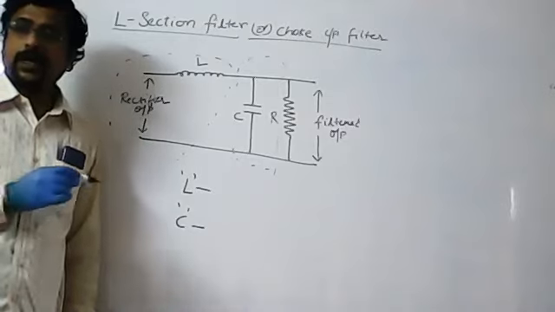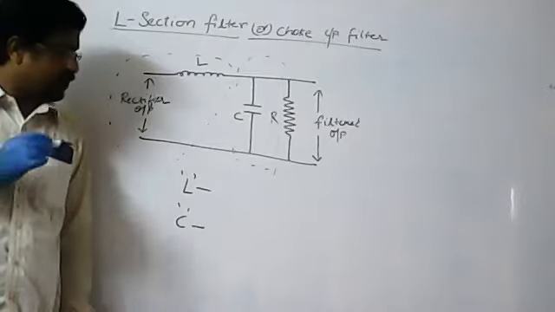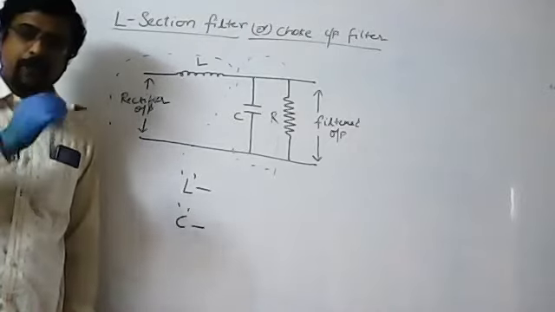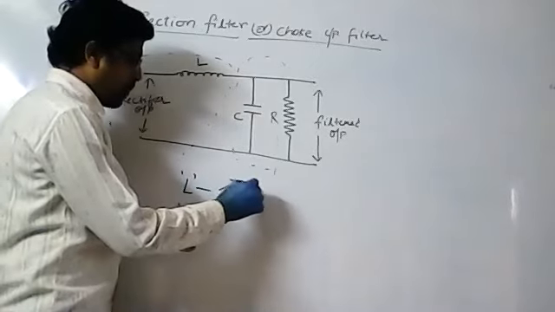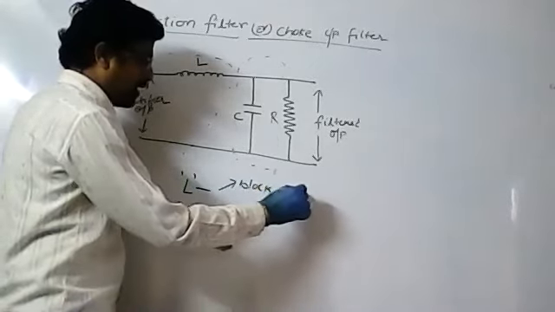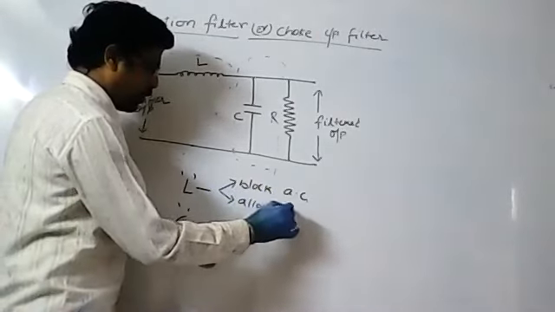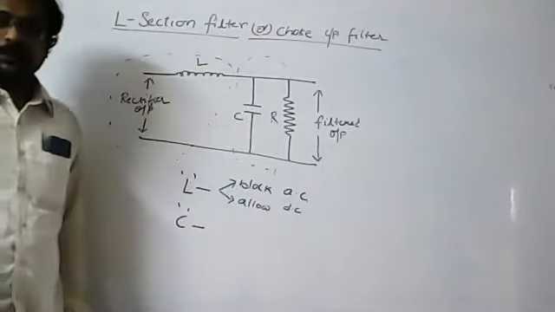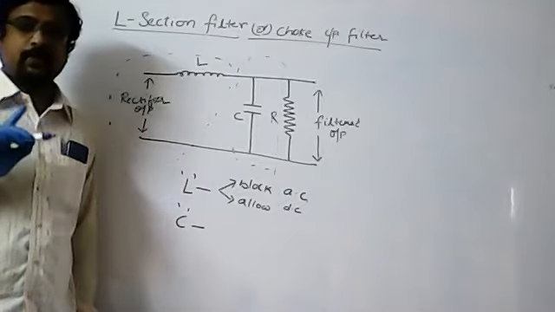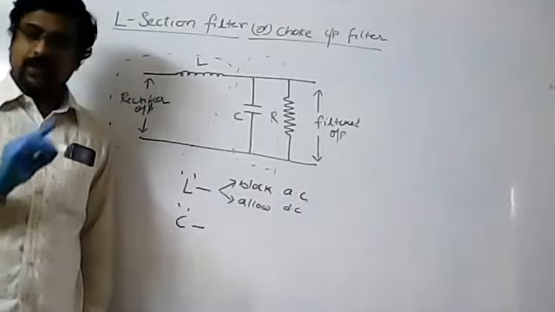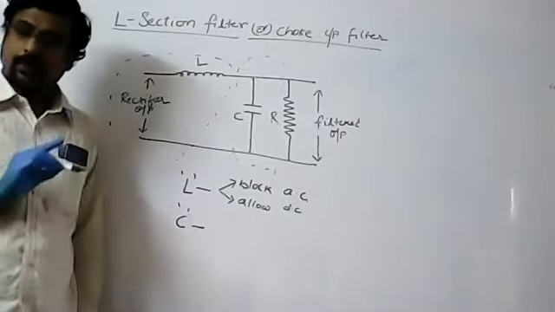We have to know what an inductor will do and what a capacitor will do. What is the property of an inductor? It will block AC components and it will allow DC components. Right? It will allow DC components.